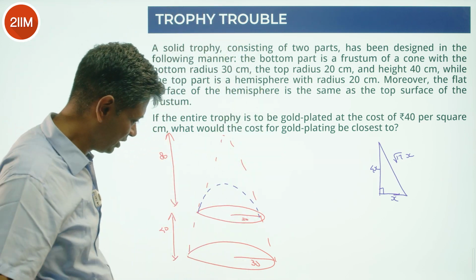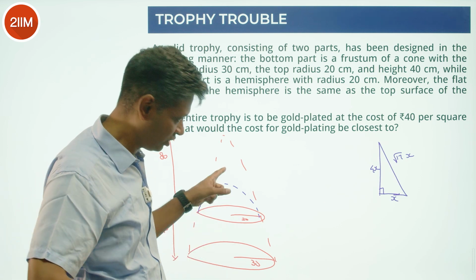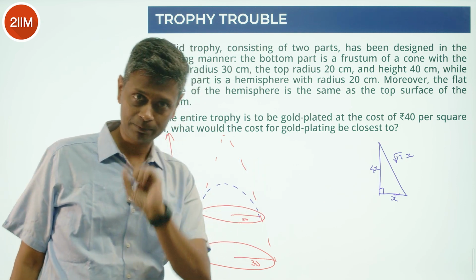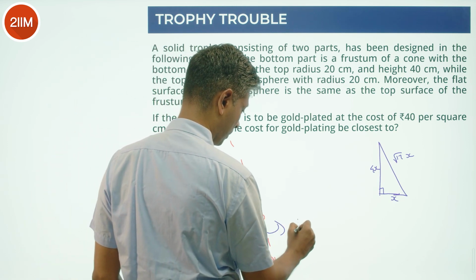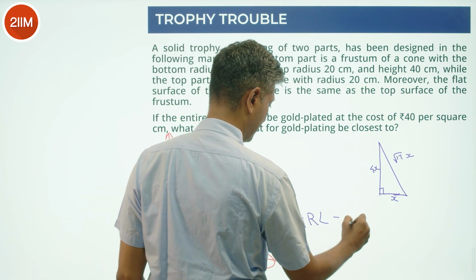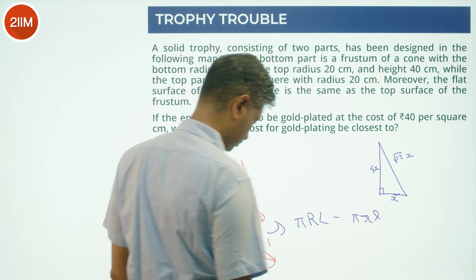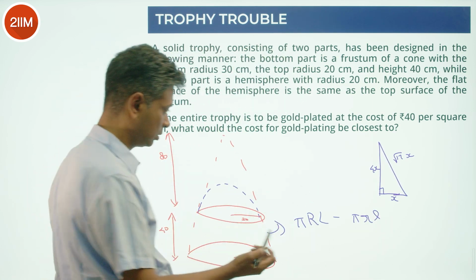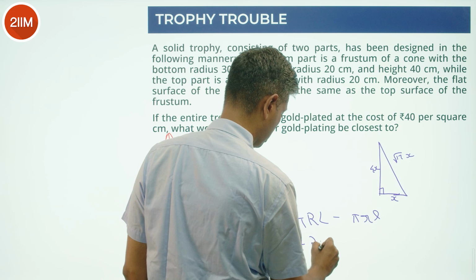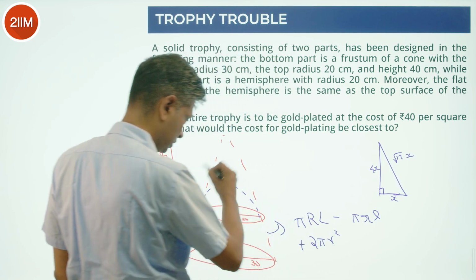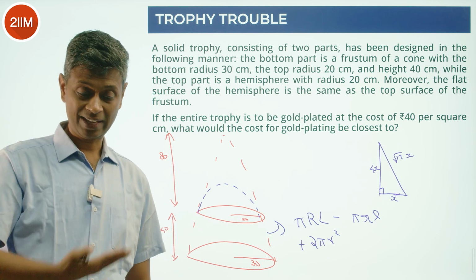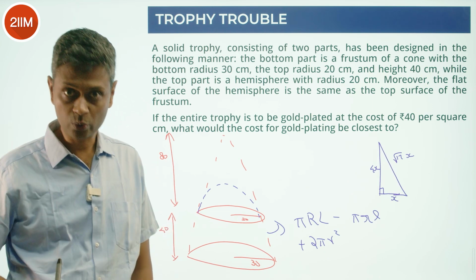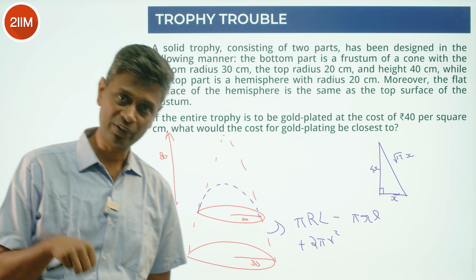And so there is this circle, and then there's pi RL minus pi RL. I'm going to write this as pi RL minus pi RL as the surface around this, plus 2 pi r square, the hemisphere's surface area without calculating the base pi r square, because that is sitting on top of the frustum, so I can't even see it.